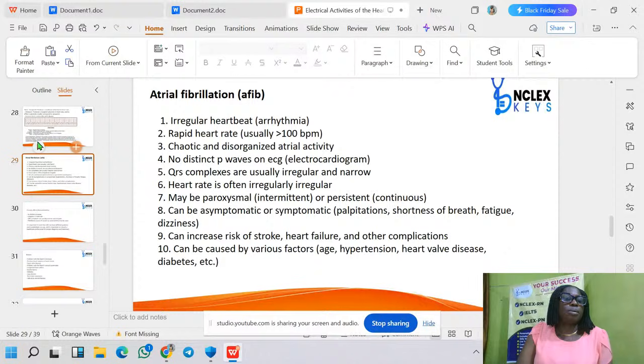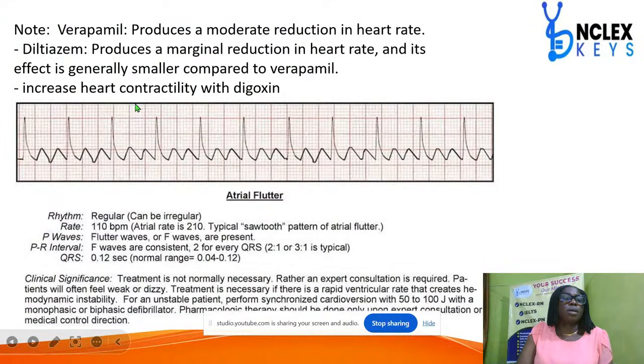That's AFib. Okay, this is flutter. You can see flutter here. It's supposed to be regular, but occasionally can be irregular. Atrial rate is counting all these things that look like P wave.